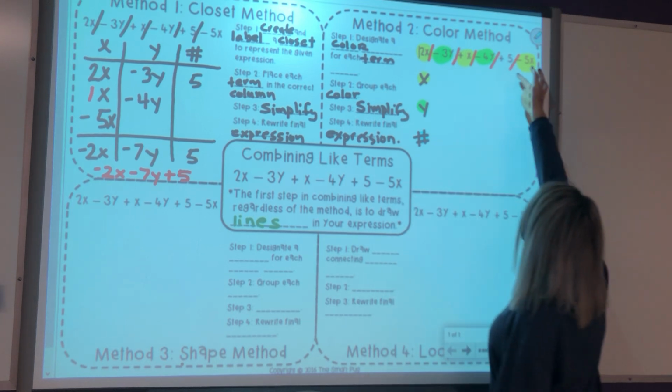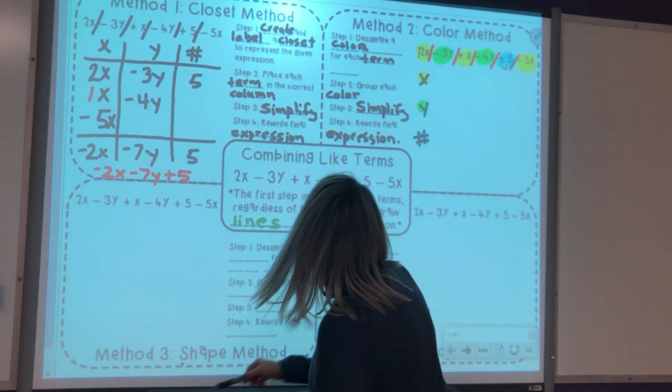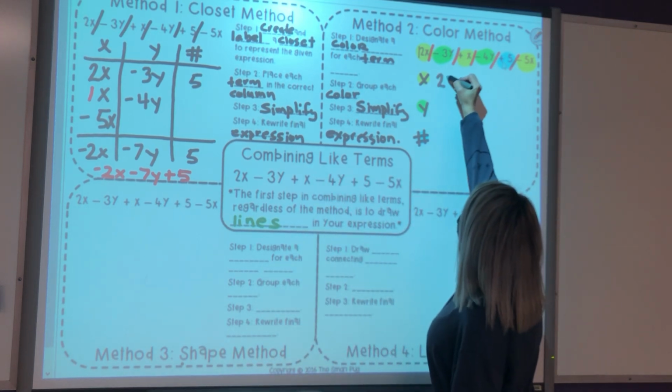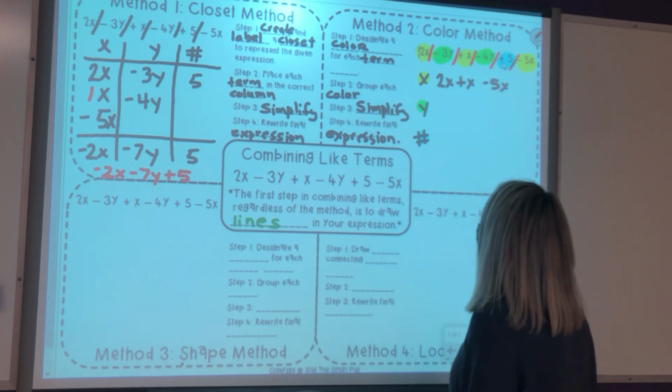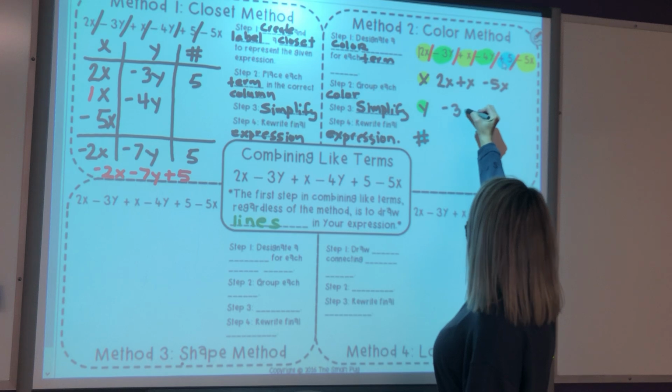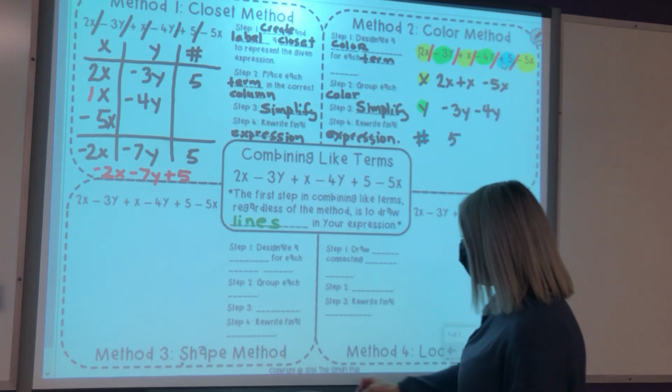And then my constant is 5. So then I can rewrite it. 2x plus x minus 5x, negative 3y minus 4y, and then 5.